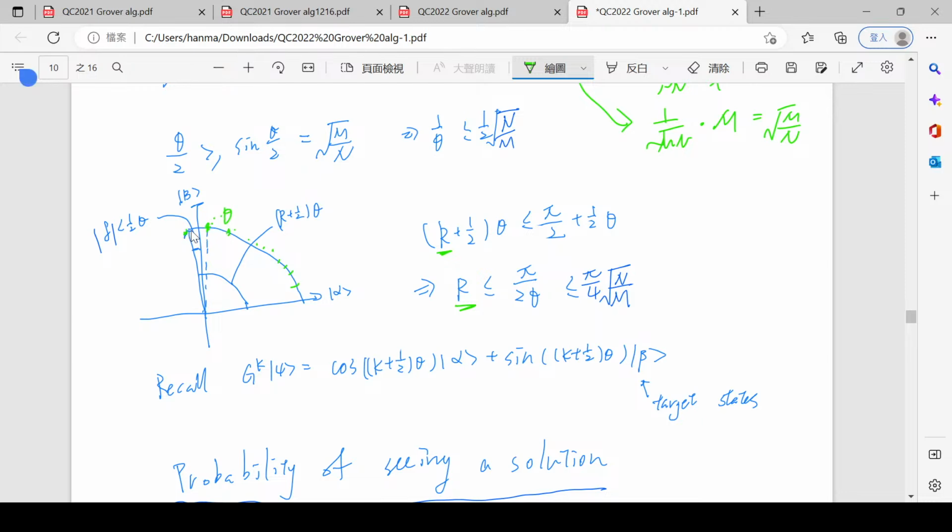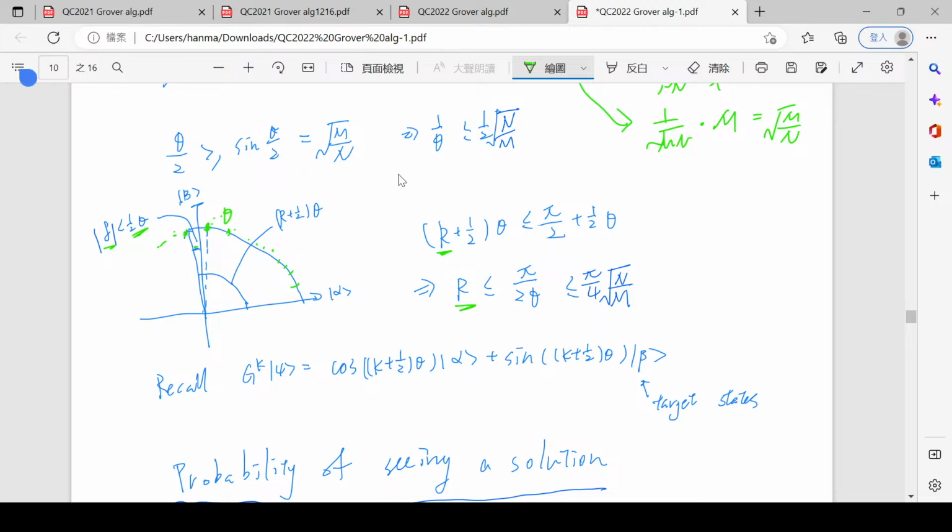So if we are stopping at the closest one, then our overshoot amount, which is called delta, is going to be less than theta over 2. Because if we are overshooting more than that, then we can just stop here and that will be closer to beta. Or if you overshoot even more, then you can just stop earlier.